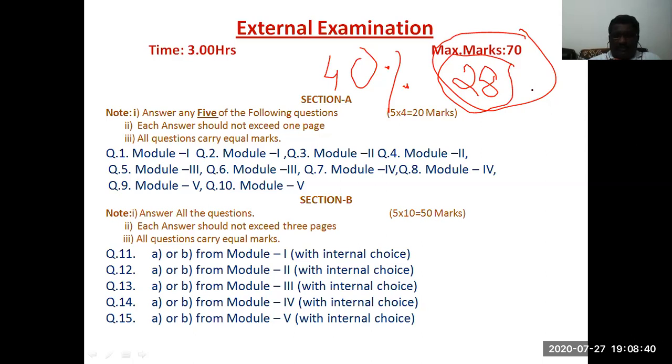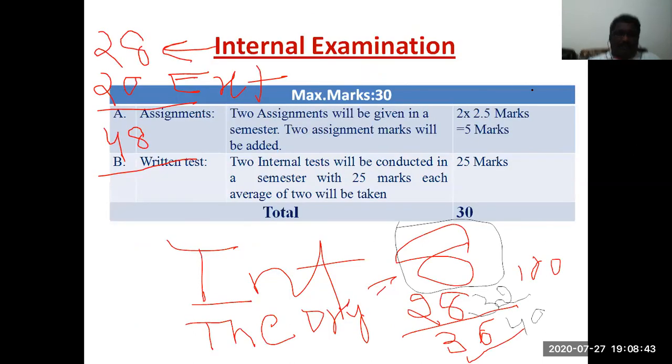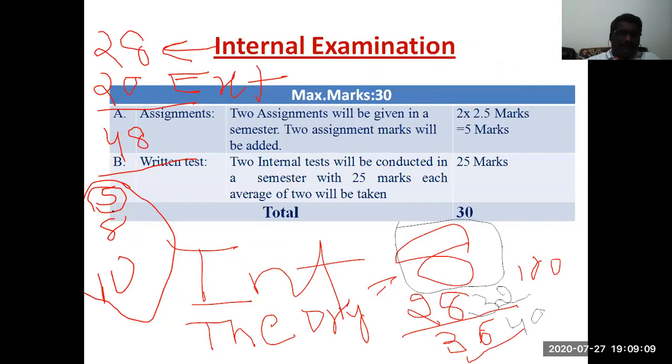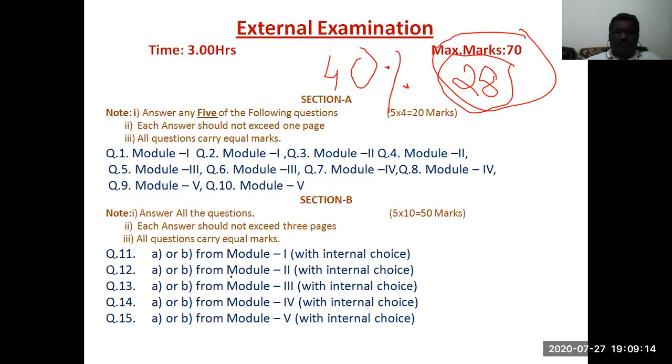In internal, if you got 8 marks or 10 marks or 5 marks, there is no problem for the students. But if a student has got only 5 marks, he has to get 35 marks in the external examination. If a student got 8 marks in internal, he has to get 32 marks in the external examination.